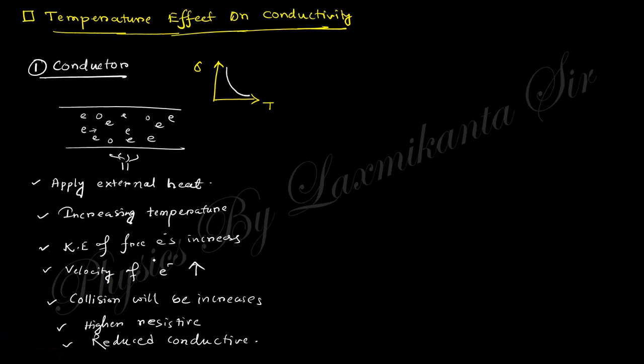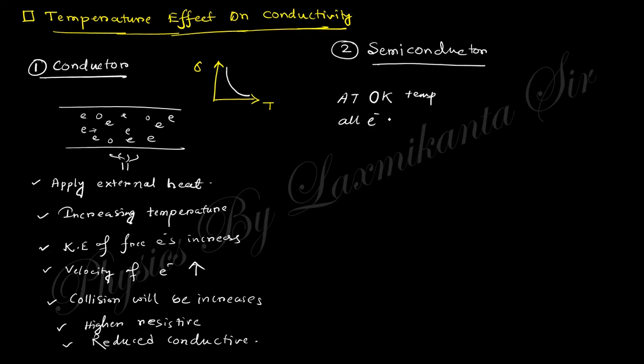Now if you compare the semiconductor: in a semiconductor there is no large number of free electrons. There are valence electrons and some free electrons. Suppose at 0 Kelvin temperature, all electrons are in the valence band.